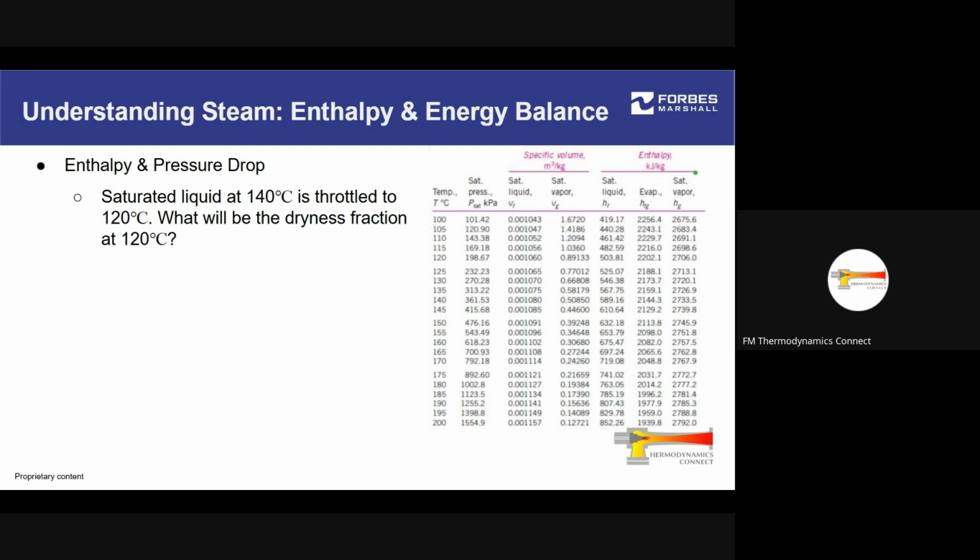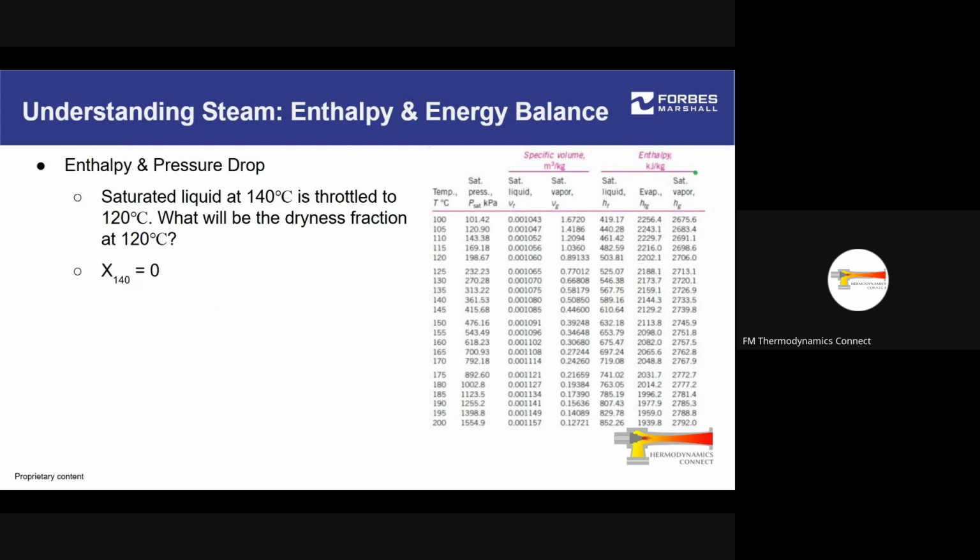All right, so we'll talk about that specifically. But the second point is, because this is saturated liquid coming out at 140 degrees Celsius, that means the dryness fraction at 140 degrees Celsius is also going to be zero. Those of you who may not know what dryness fraction is, you can learn more about this. You can Google it, or go to Marshall Bodhi tree, where this topic is extensively covered.